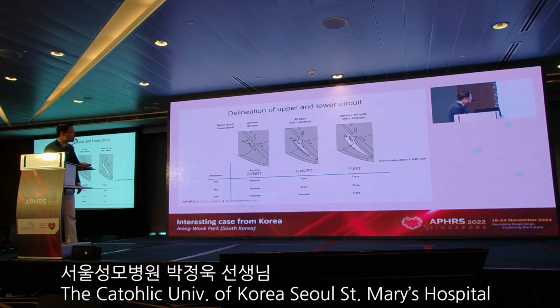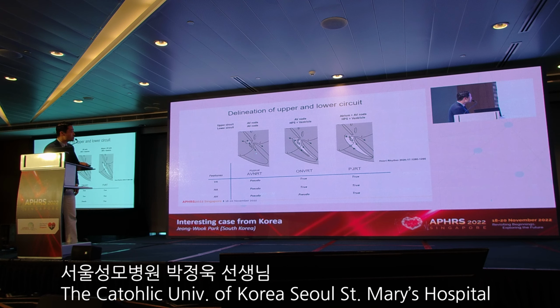For long-RP tachycardia, we have to consider not only ONVRT, but also atypical AVNRT and PJRT. To differentiate these tachycardias, it is very important to delineate the upper and lower circuits respectively. In AVNRT, the upper and lower circuits are confined to the AV node and AV nodal tissue.